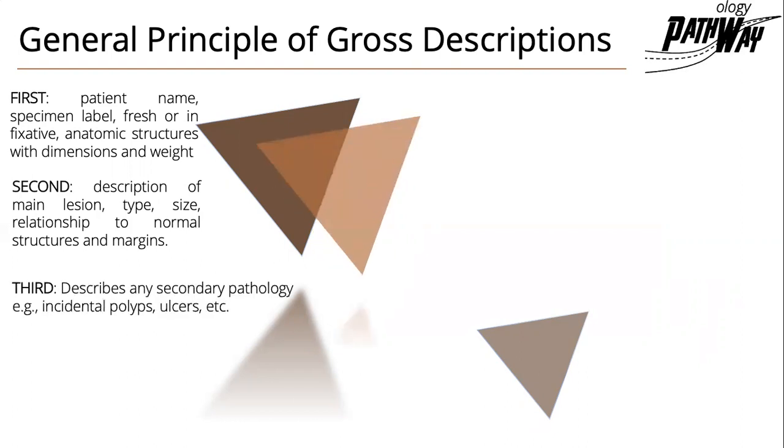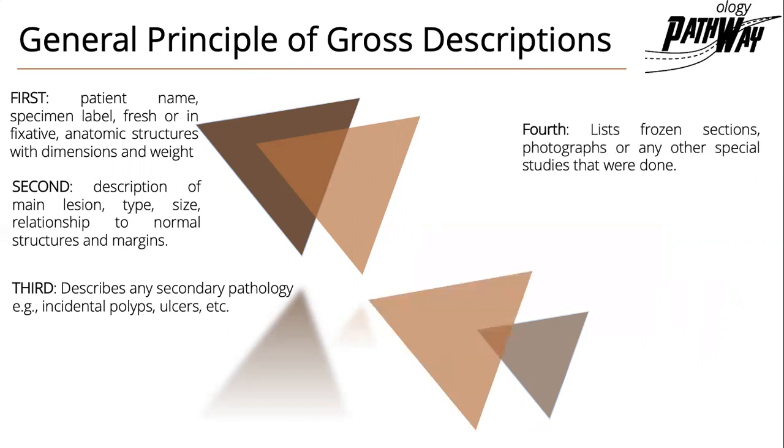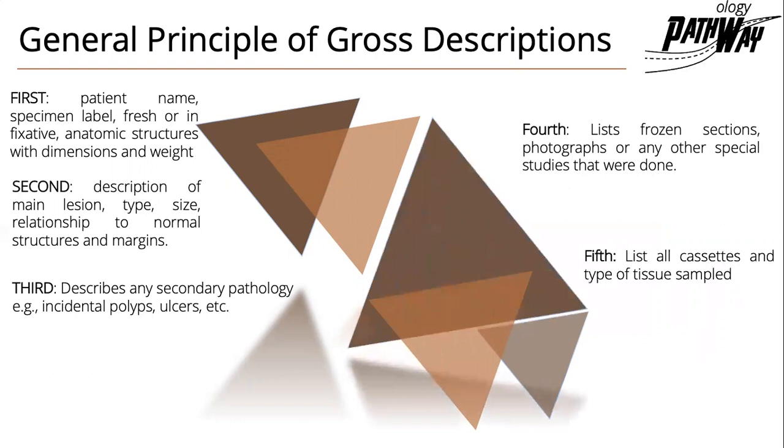Number 3, describe any secondary pathology that you will find by chance, like any incidental polyps or ulcers. Number 4, list the frozen sections, any photographs you took, and any special studies that were done. And lastly, fifth, list all cassettes and type of tissue sampled.